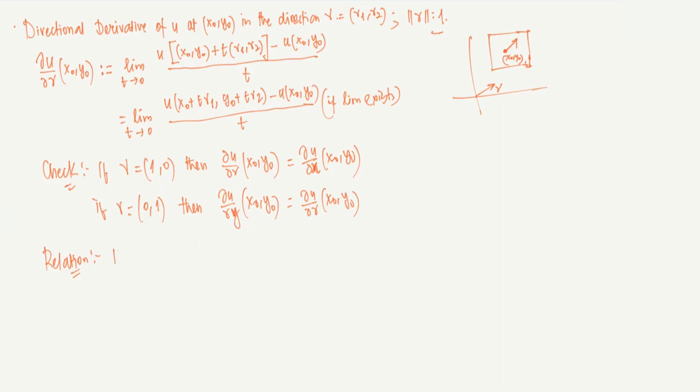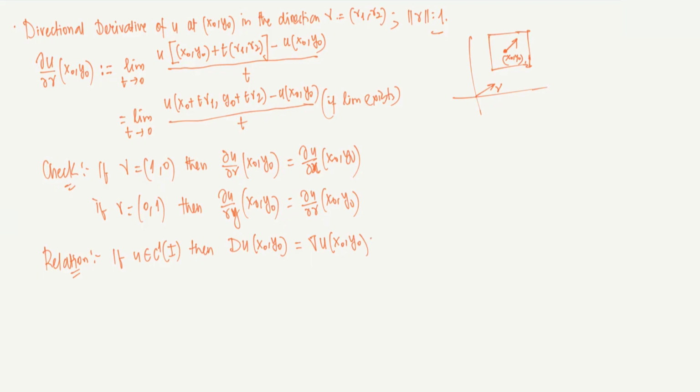Let's say that u is C1 of I, so there is some rectangle I where u is continuously differentiable, then the derivative of u, d of u, at some point x naught y naught is nothing but the gradient of u at the point x naught y naught.